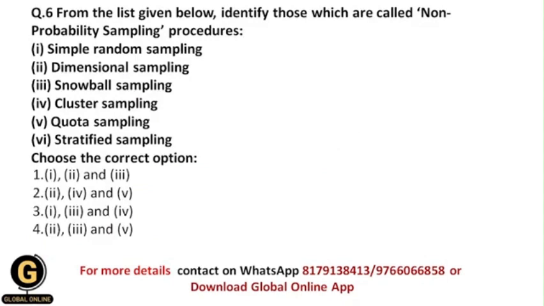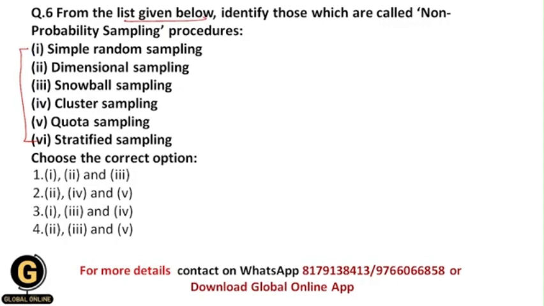Okay. From the list given below, identify those which are called non-probability sampling procedures. So here we have been given different sampling procedures, and we need to identify which are the non-probability sampling procedures among these. Basically there are two types of sampling procedures, probability and non-probability.